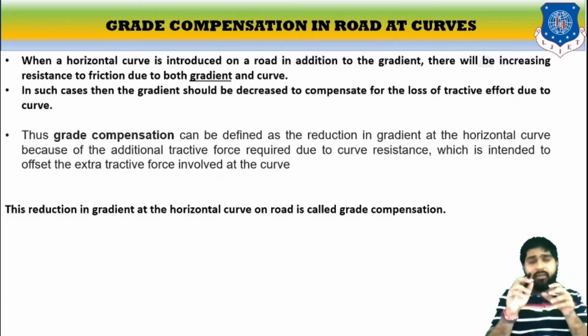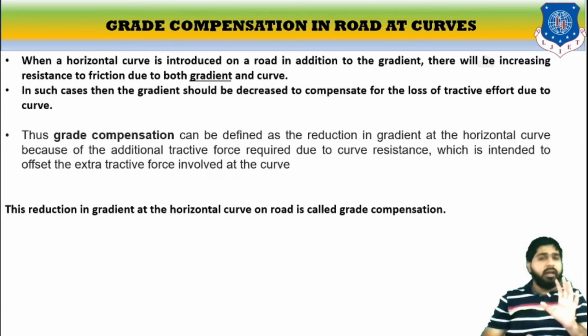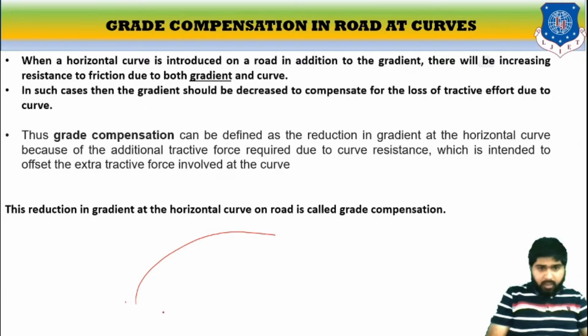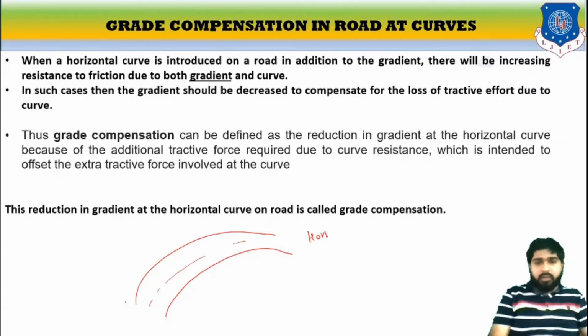We have learned that gradient means slope of the road. If this is the slope of the road, and a horizontal curve is provided on the slope, two things will take place. First is the horizontal curve, and second is the gradient which is already provided.